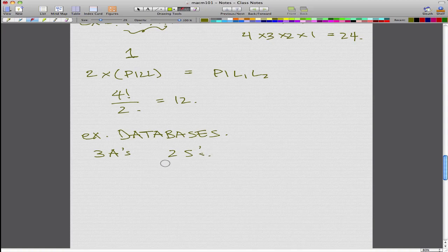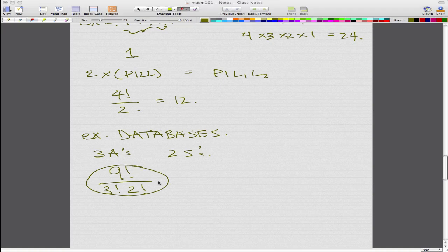So all we have to do here is count the number of letters that we have. So 1, 2, 3, 4, 5, 6, 7, 8, 9. So we have 9 letters. So we do 9 factorial divided by 3 factorial for 3 A's, and divided by 2 factorial for 2 S's, and this is your answer. And this is equal to 30,240.